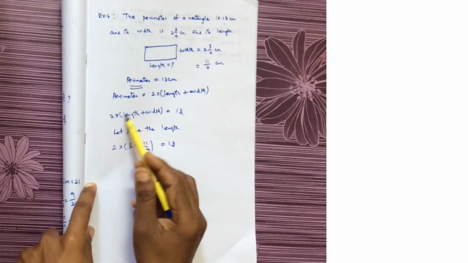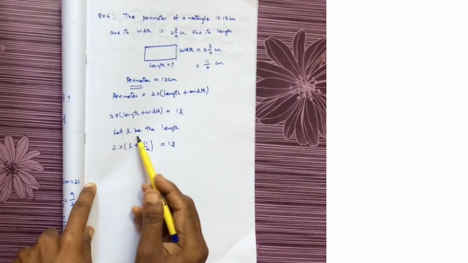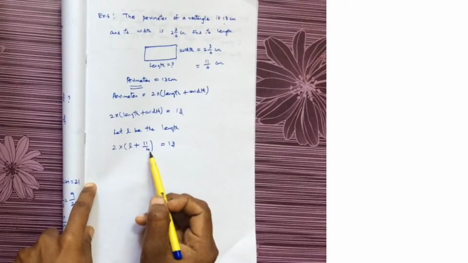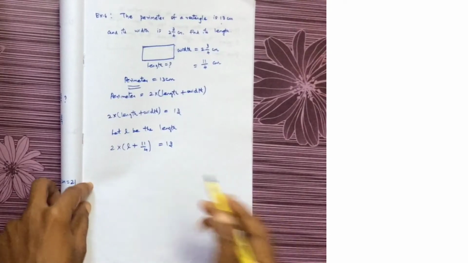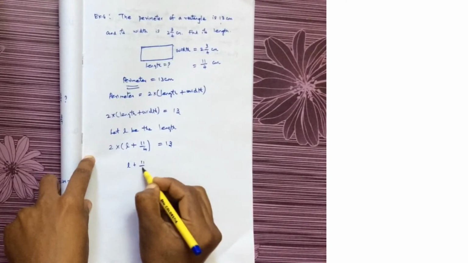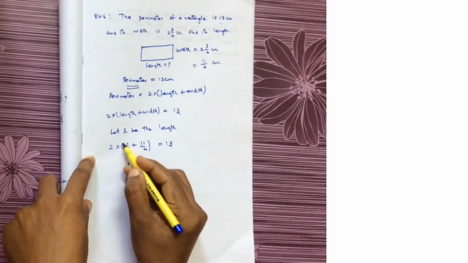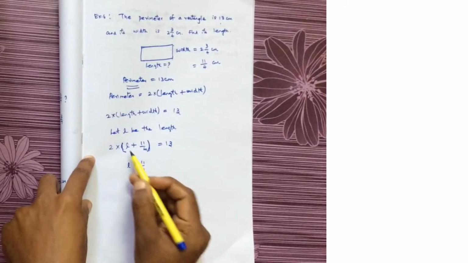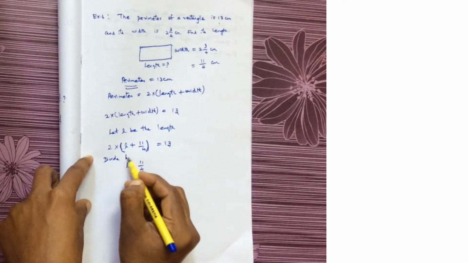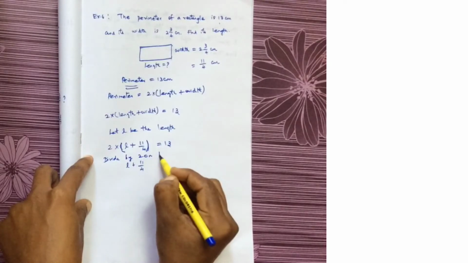The only thing I don't know is the length, so let L be the length. 2 multiplied by L plus 11/4 is 13. Now from this I should find L. What I am doing is dividing by 2 on both sides.